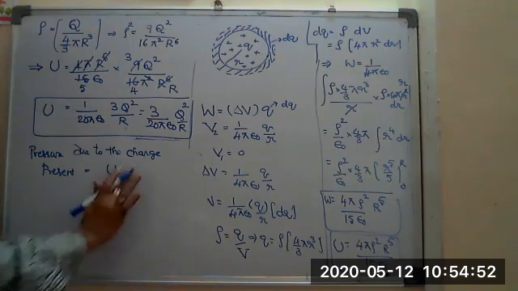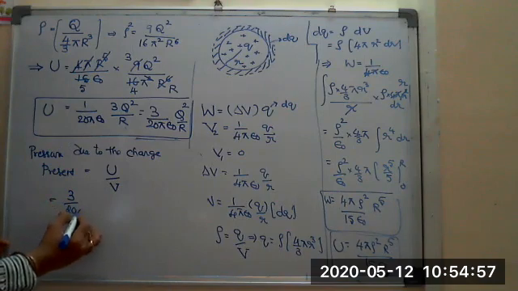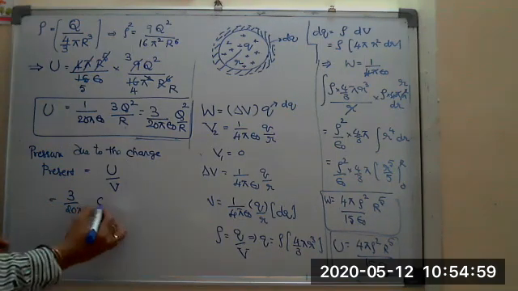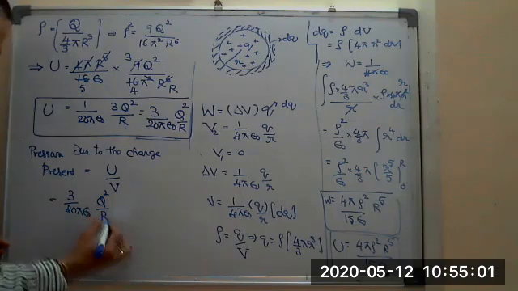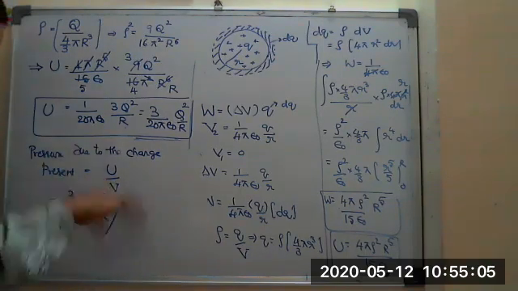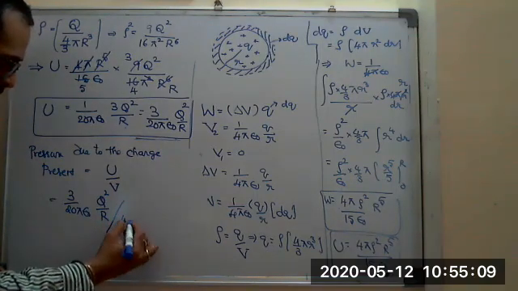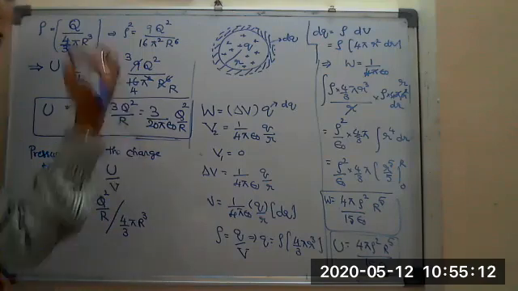This potential energy here is equal to 3 by 20 pi epsilon naught into q square by r, divided by the volume, because this q is present over the total volume. Volume is 4 by 3 pi r cube.